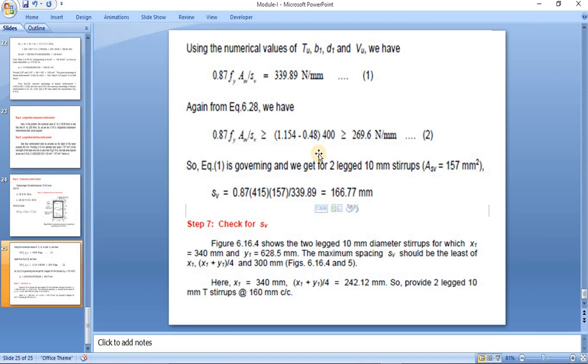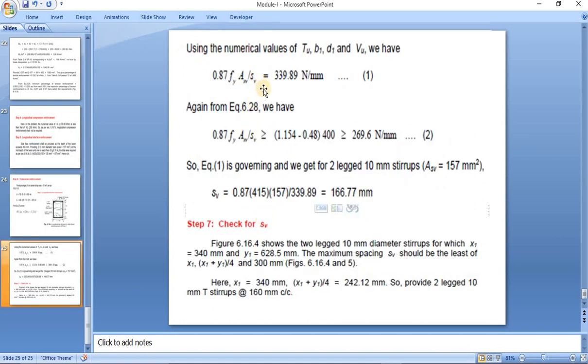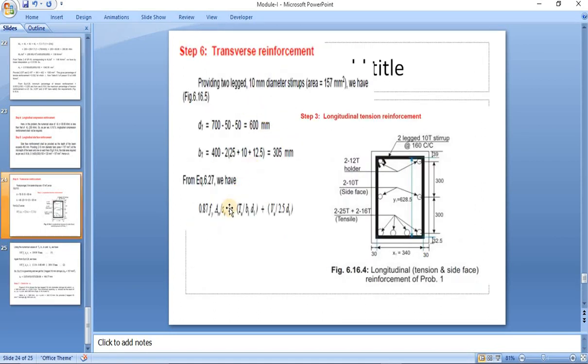So let us see the substitutions. Using numerical values in this particular formula, we are just rearranging it to calculate SV.